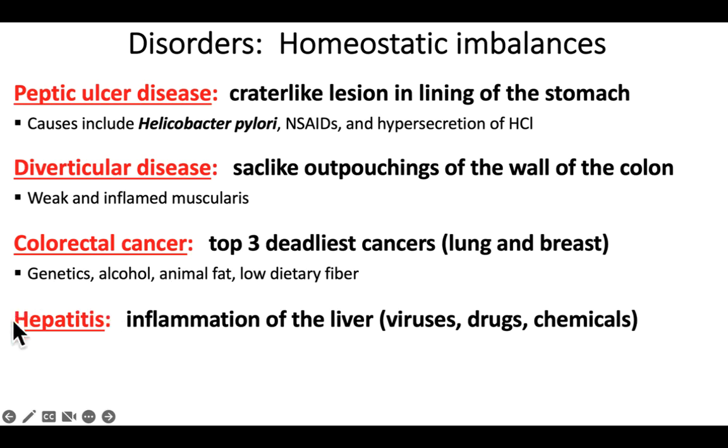And then there's hepatitis. Hepatitis is due to viruses or drugs like alcohol that damage the liver. There's a number of different viruses that cause hepatitis. There's hepatitis A, which is typically picked up with contaminated food or contaminated water.